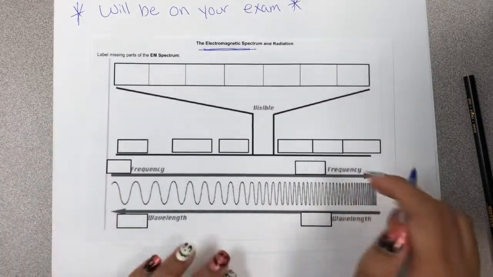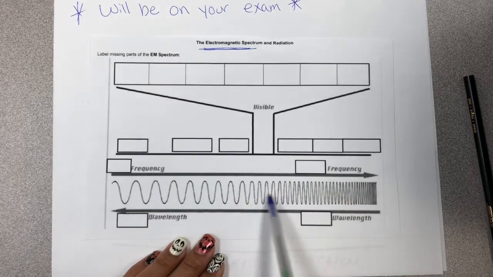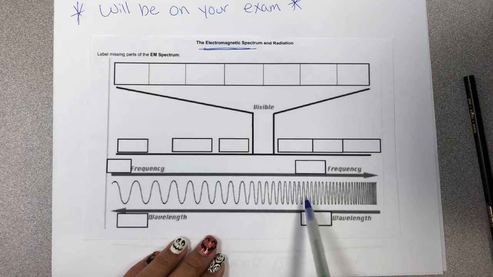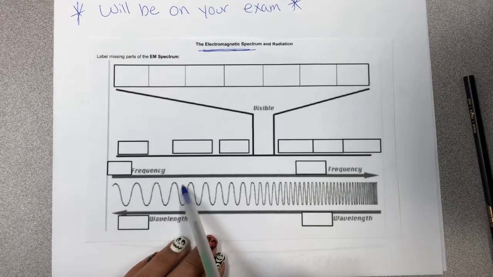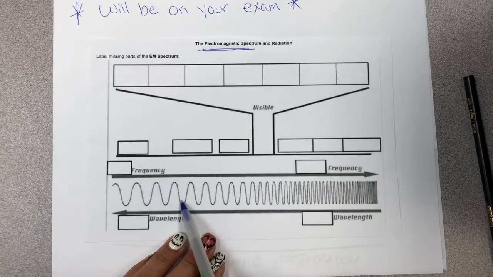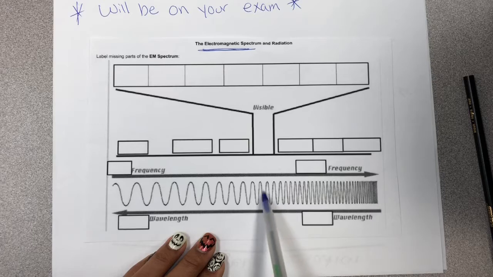So what you see here are a bunch of different boxes, and we have a wave here. And the wave, as you can see, as we move across in distance here, the wave appears to be getting tighter.